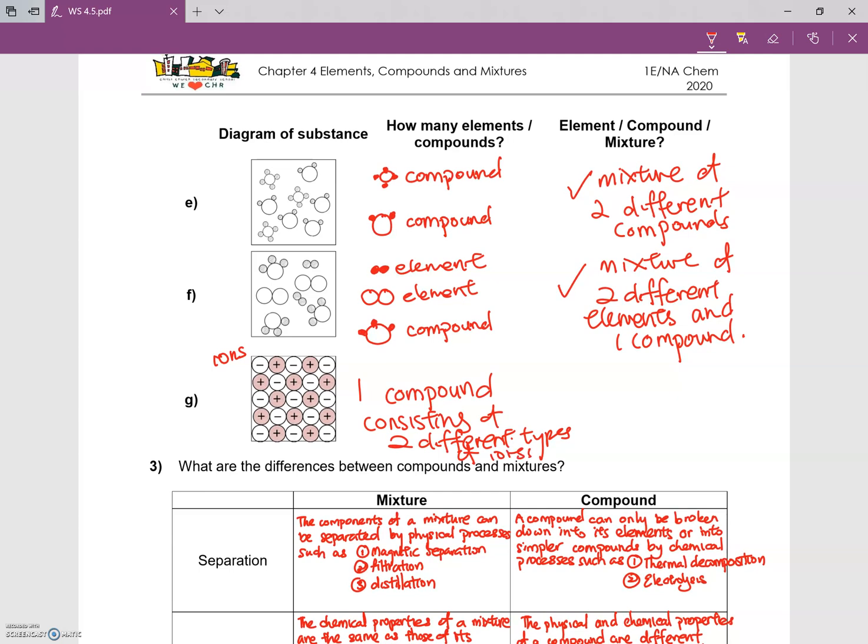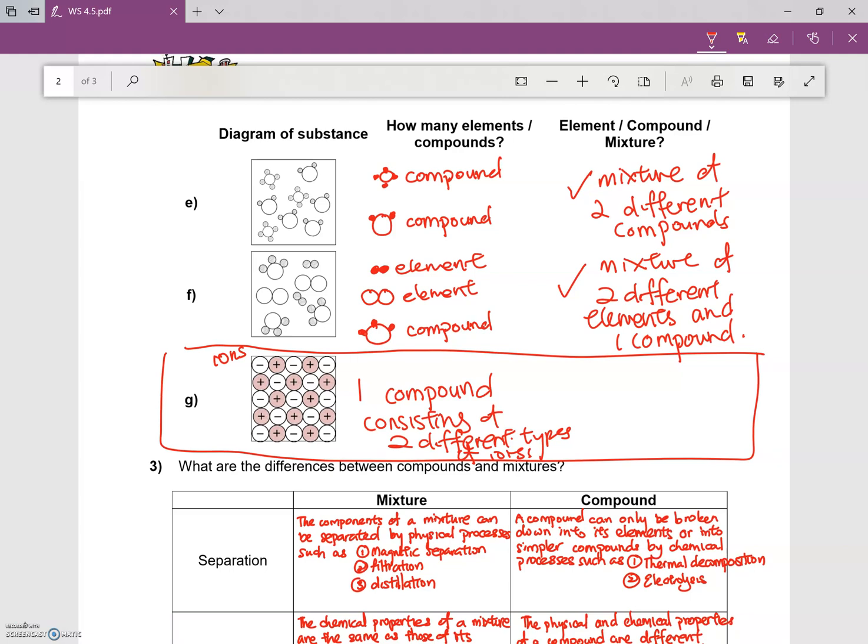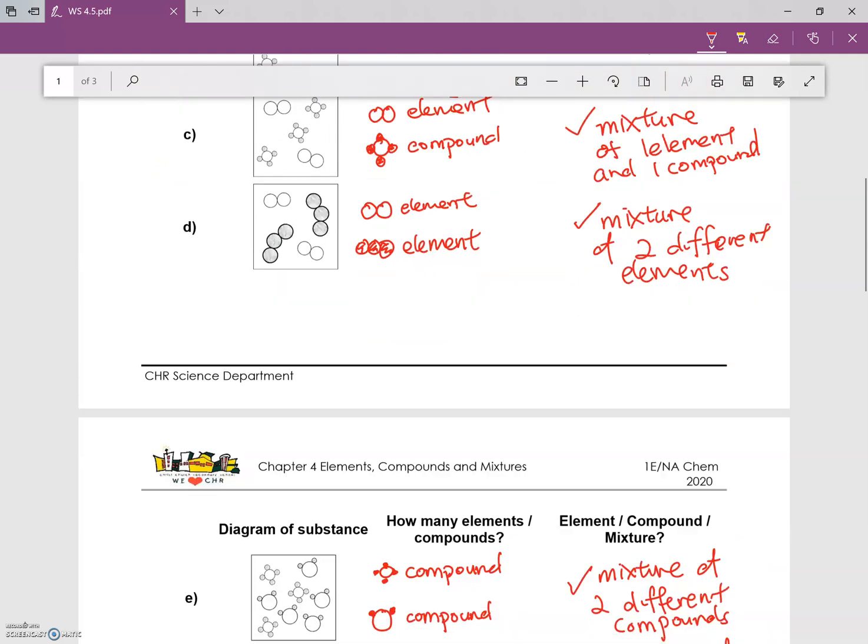I don't want to confuse everybody here, so we'll leave this till the next few chapters, and then we will go into it again. When you see the plus and minus, we consider them as ions, and together they form this compound. We will go through this at a later time. So that's for question 1 and question 2.